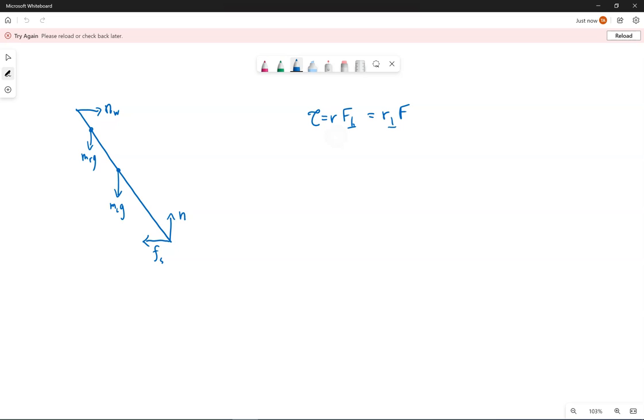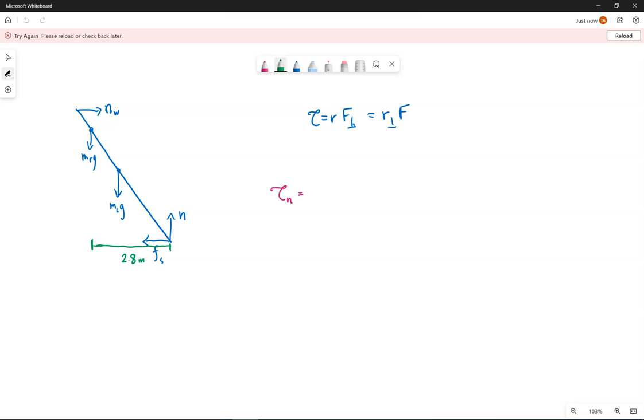So for example, the torque due to the normal force. If we think in terms of distances, the problem told us that the ladder was placed 2.8 meters from the wall.